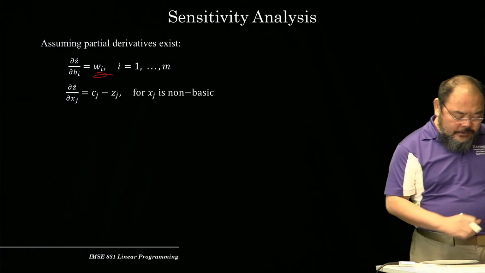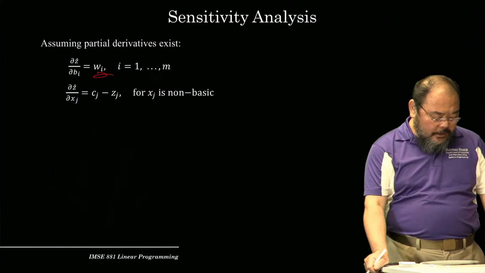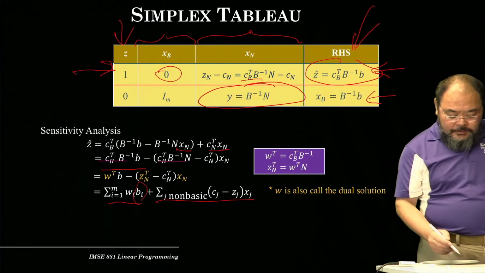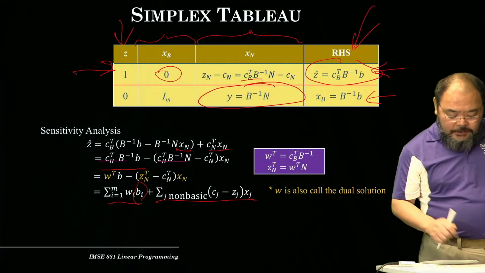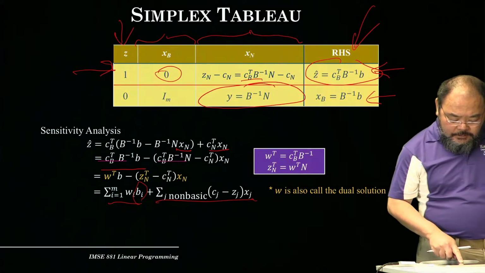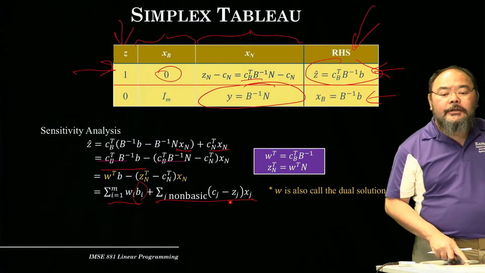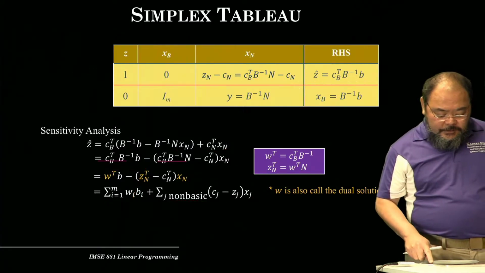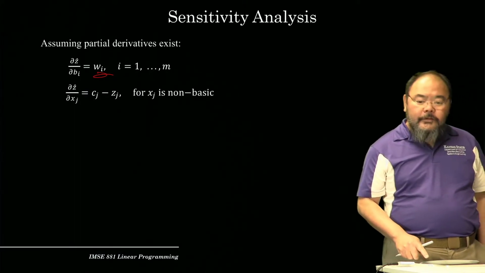Also, we can see the partial of z over partial xj, for xj non-basic. That's the second term in this equation. Taking the partial of z hat over xj, the first derivative with respect to xj, the result is cj minus zj. So this is what these two are. Fairly simple.